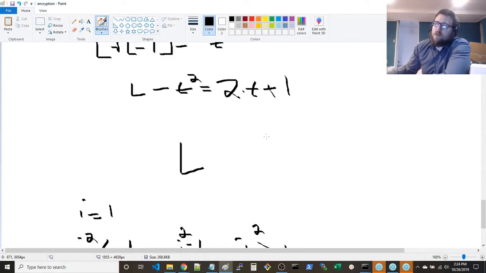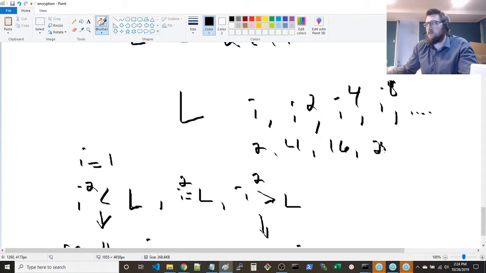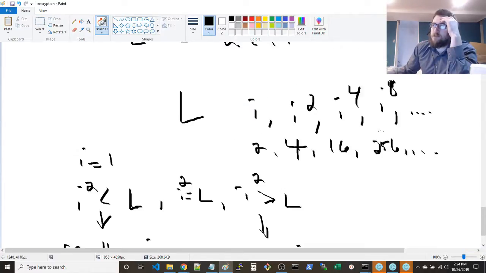So you'd have like I squared, I to the 4th, I to the 8th, etc. For some I, I guess I is 2, so it would be like 2, 4, 16, 256, etc. And then you can figure out where L is with respect to this, and that can maybe give you an idea of which square, right?